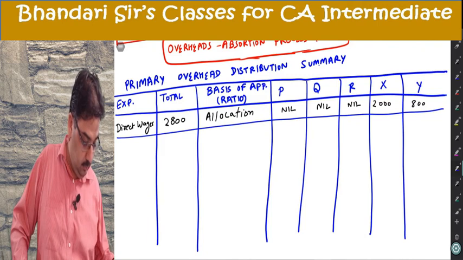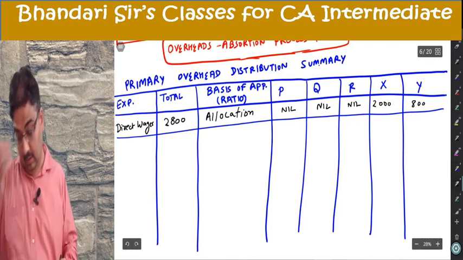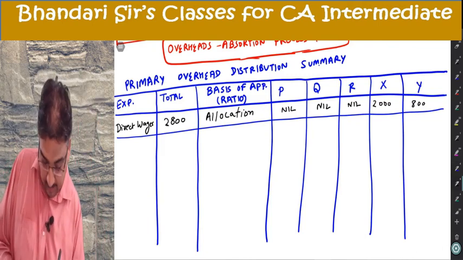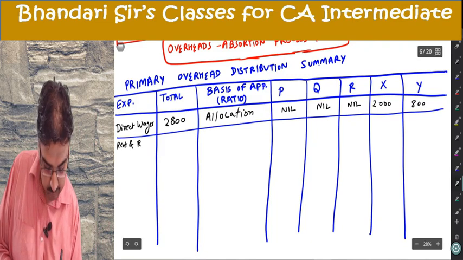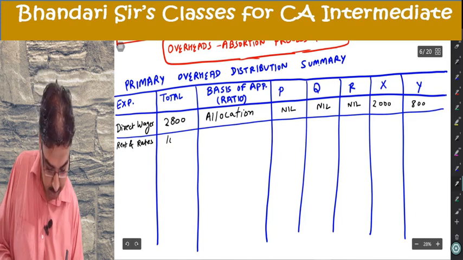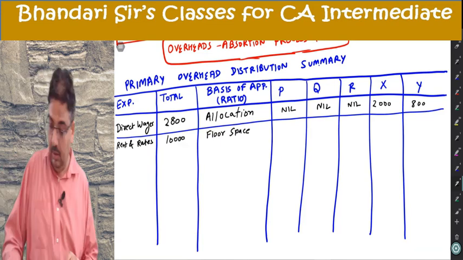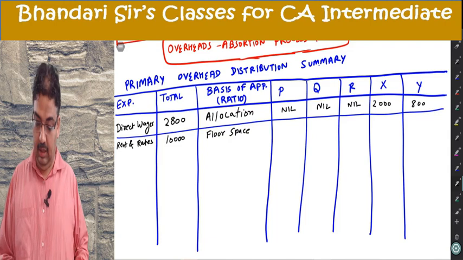Now I take one by one all the other overheads. Rent and rates, 10,000. Basis: floor space. The ratio of floor space given there is 2000, 2500, 3500, 1000, 1000. The common factor is 500.